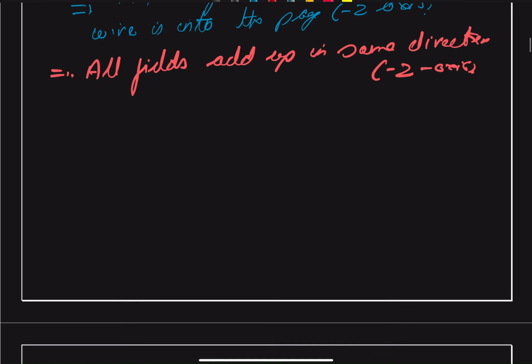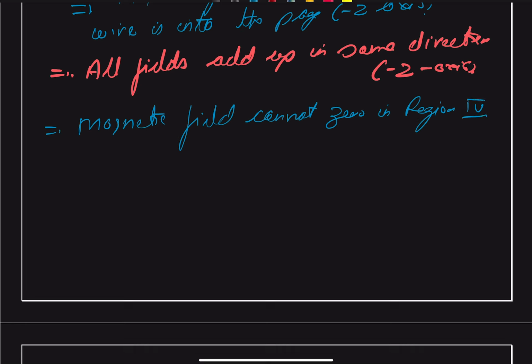Therefore, magnetic field cannot be 0 in region 4.